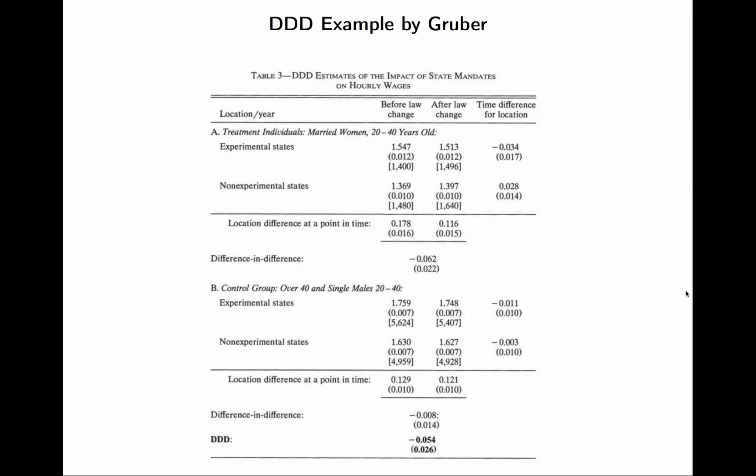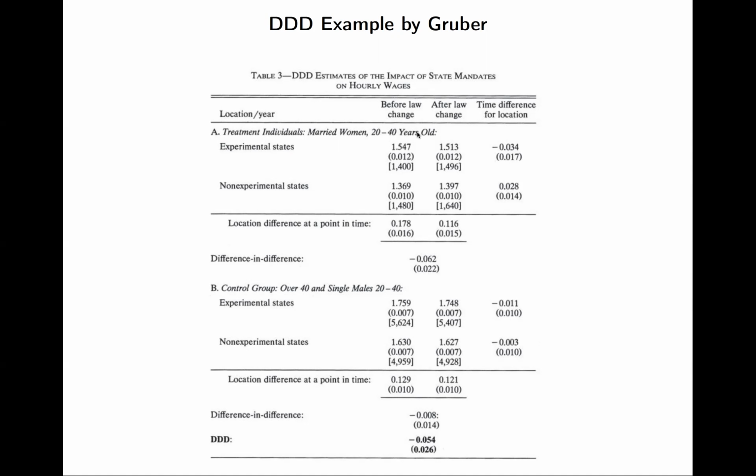Because with those rules, women who were married, age 20 to 40, would basically be able to be paid less in order to create a compensating risk premium. So they have married women, age 20 to 40. That's the treatment category because these women are of childbearing age.